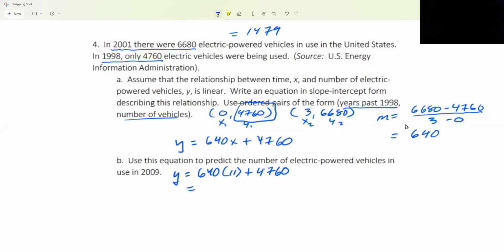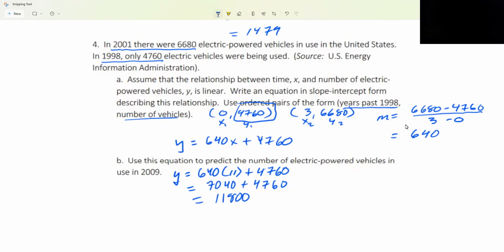When you multiply these two together, you're going to get 7040, plus 4760, and we'll add those together. That's going to give you 11,800.